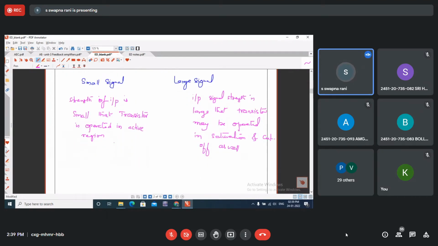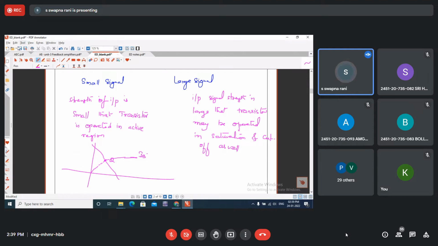If you remember the load line, this is the operating point. Let us say we take one output characteristic curve for IB.